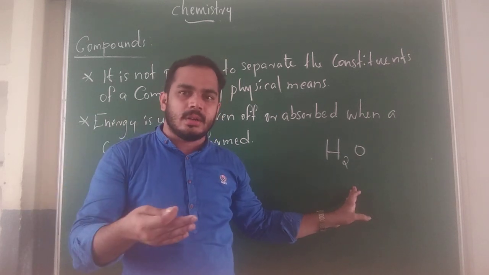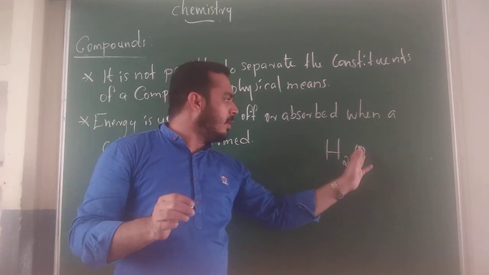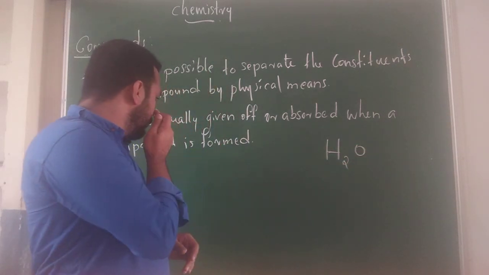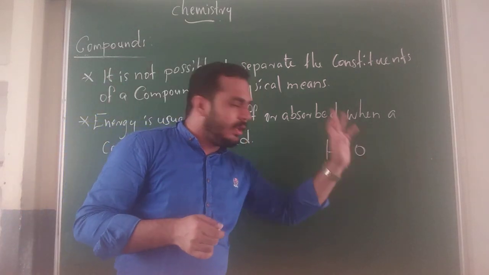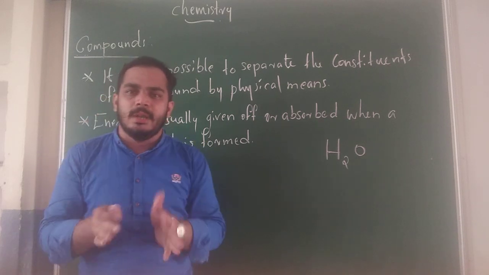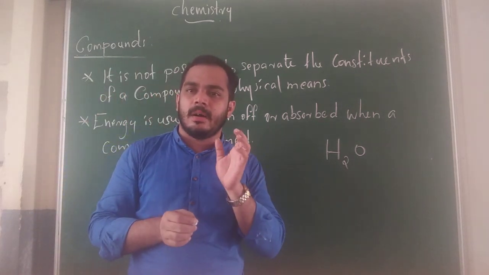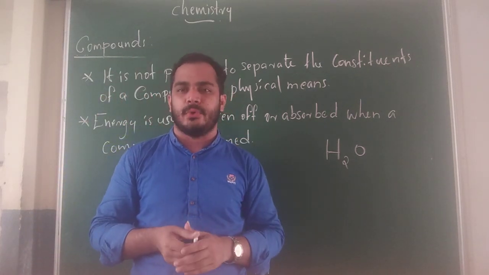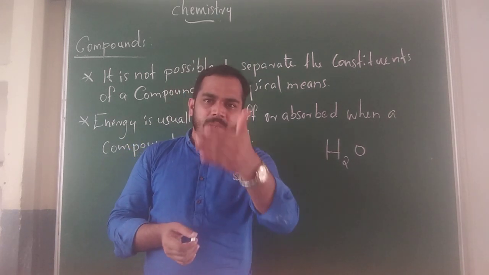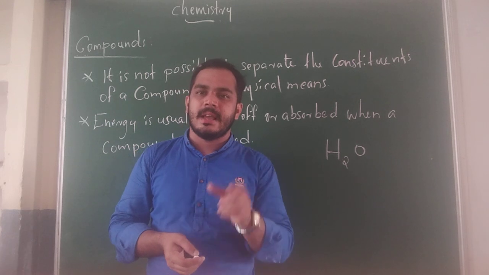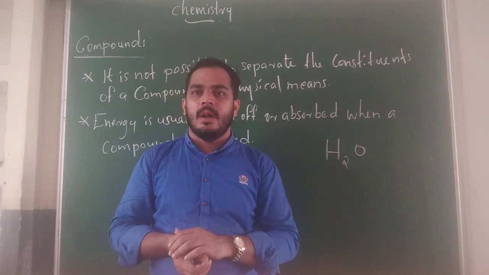While boiling the water, it is not possible to separate the hydrogen and the oxygen. So it is only possible with the help of a chemical process or chemical method. I will introduce that method. That is the electrolysis process.